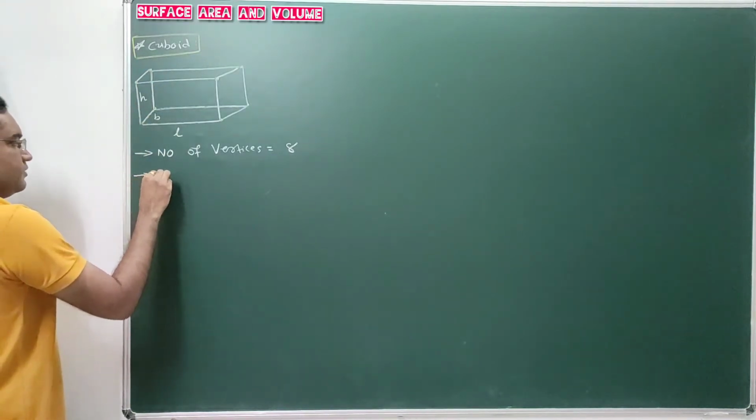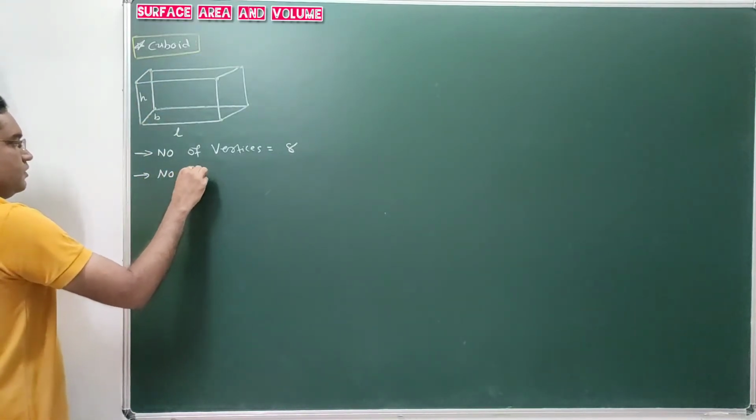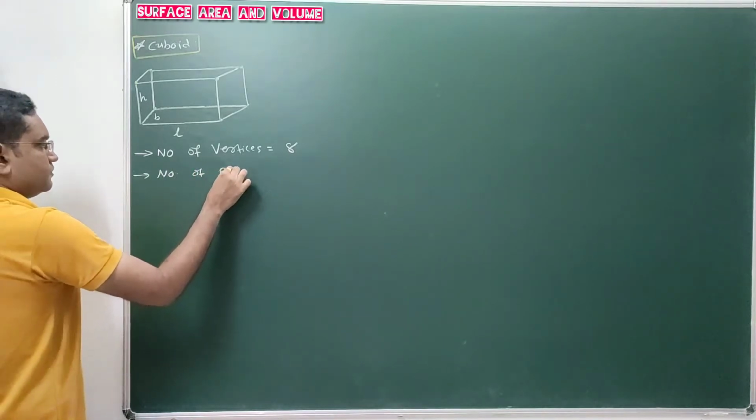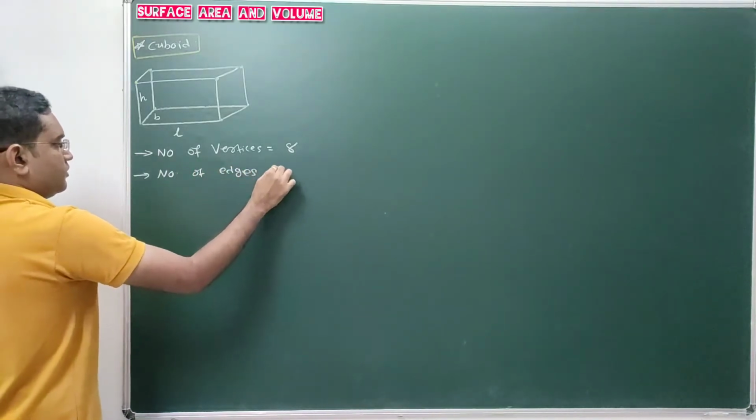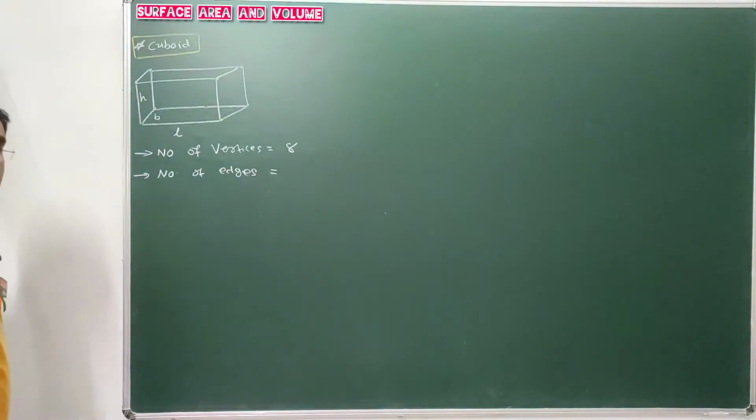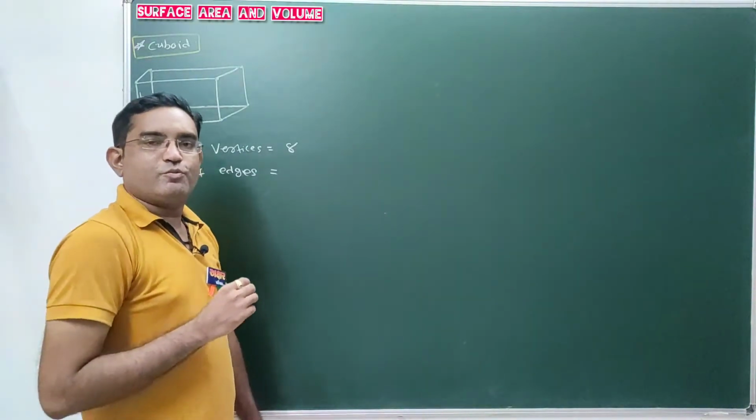Number of edges. Of this cuboid, how many edges are there in total?